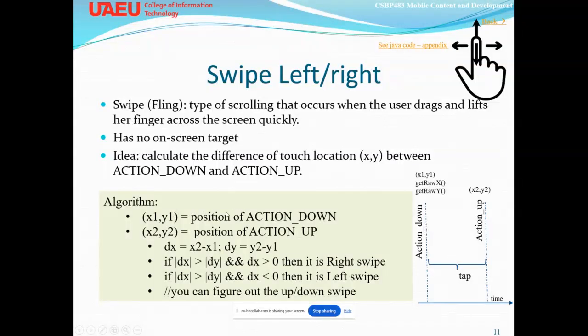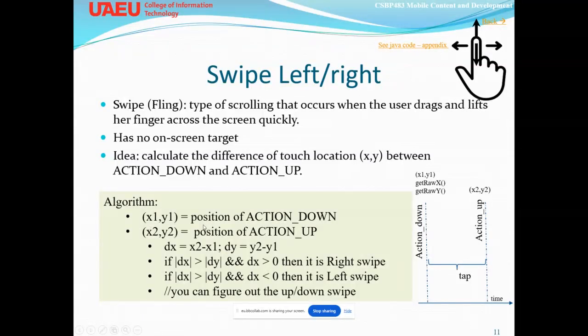So the kind of information that we need to keep track of is the point of touch and the point when action up happens, which means untouched, when you lift your finger. Based on this information, X and Y, you decide the displacement, the difference in X and Y, and you see whether the displacement was in the X direction, horizontal, which means left and right, or in the vertical direction, which means up and down gestures.